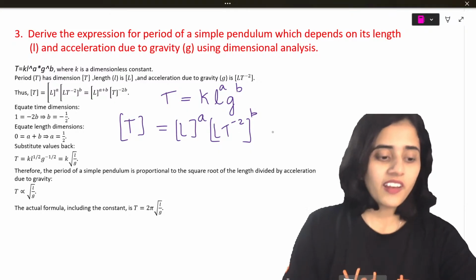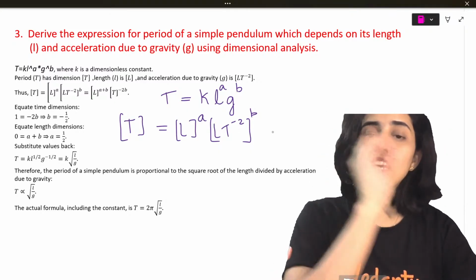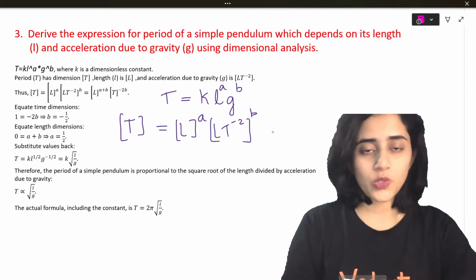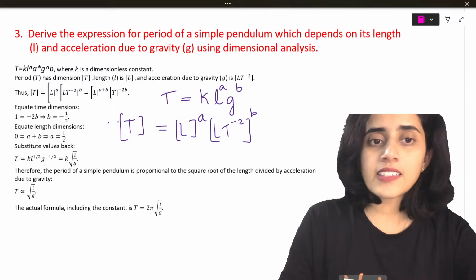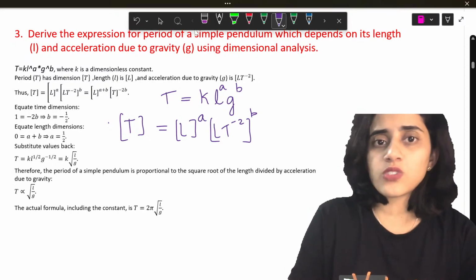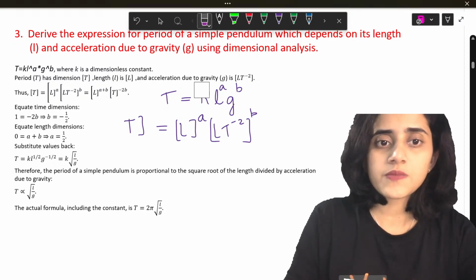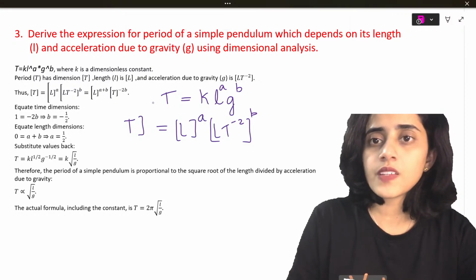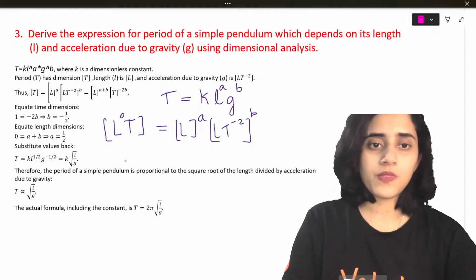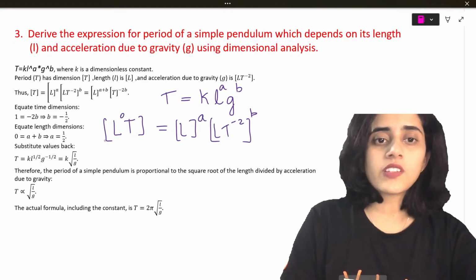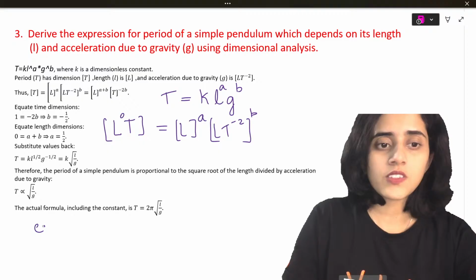Now, I am going to equate the powers. How will I do that? Here L has a power of 0 because there is no L. I'll write that also so it's clear to you. So let's equate for L first.